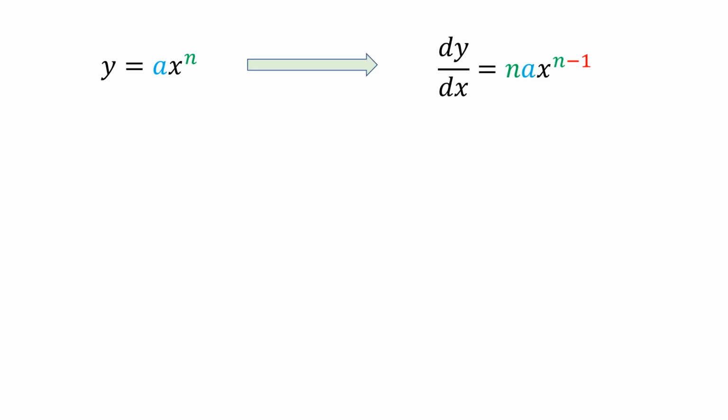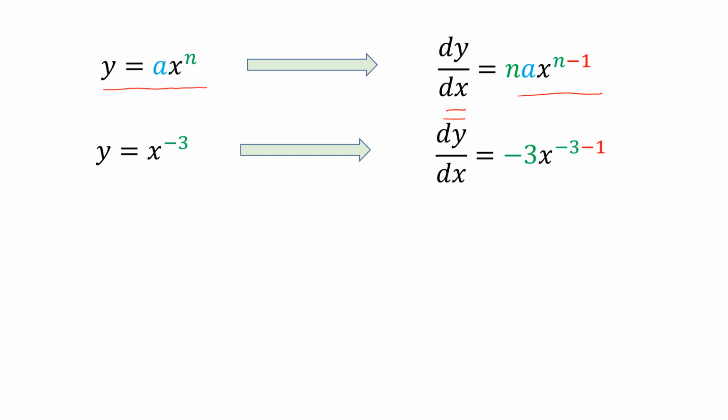Next, we apply the general rule of differentiation, which provides that given a function y is equal to ax raised to power n, then its derivative with respect to x is given by nax raised to power n minus 1. So in this case, we have the function y is equal to x raised to power negative 3. So the power on the independent variable is negative 3.